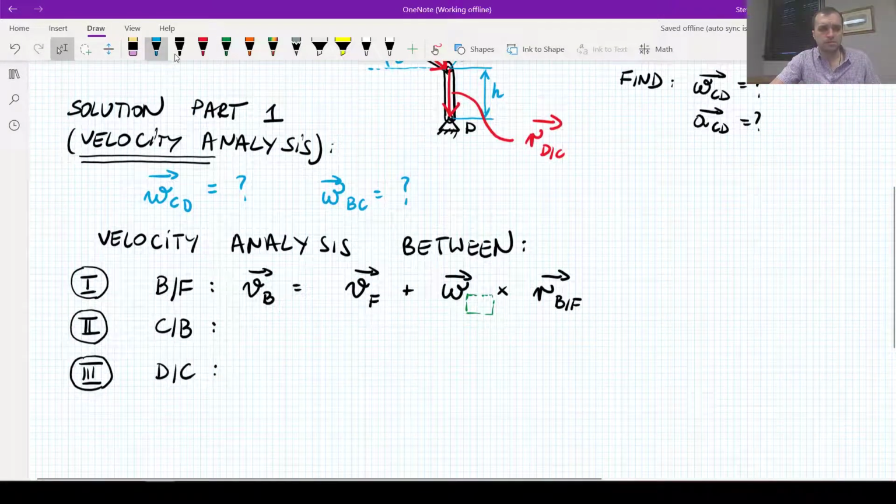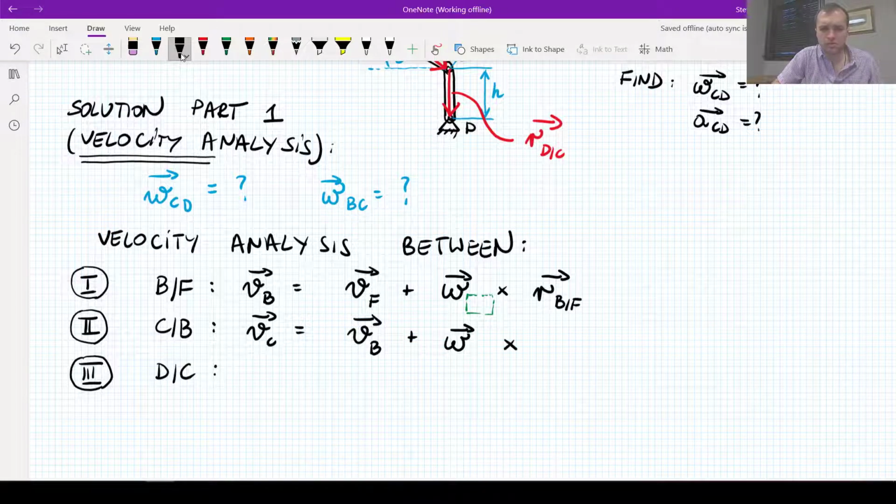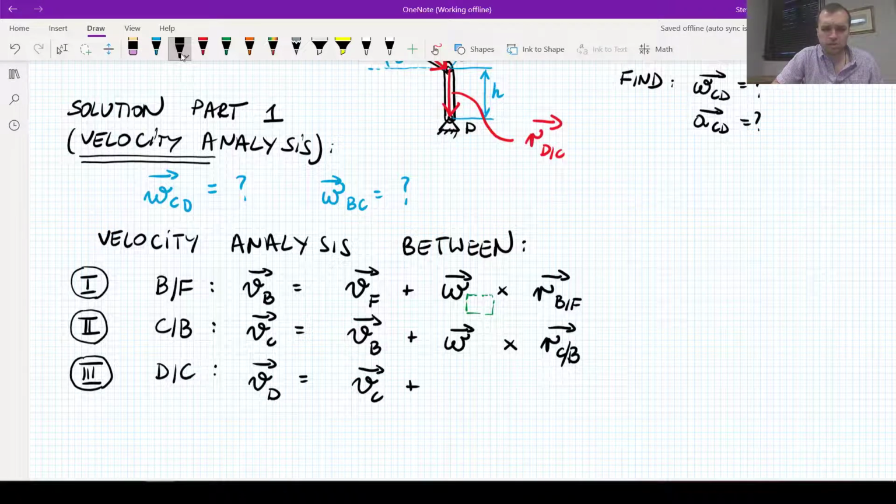Okay. So I can also write down these three expressions in here. Velocity of point C is equal to velocity of point B plus omega of certain body times RCB. And analogically in here, velocity of point D is equal to velocity of point C plus omega of certain body times RDC.